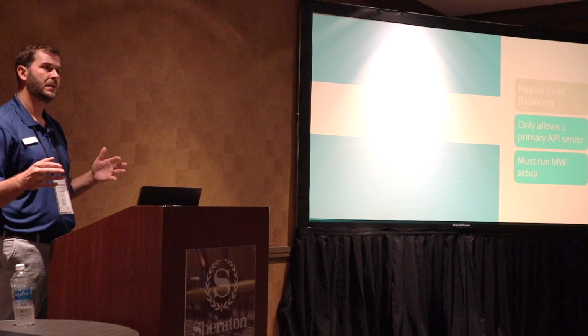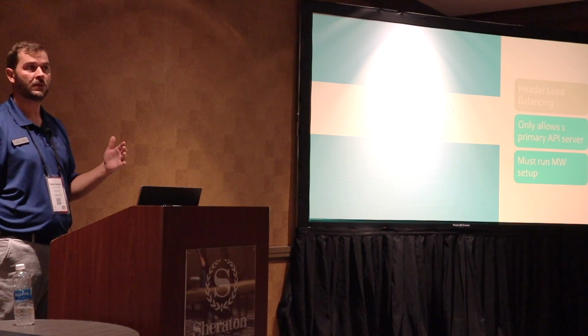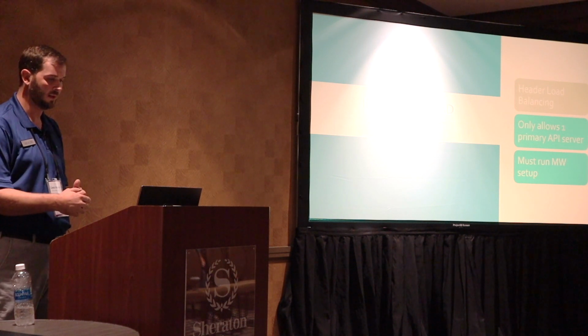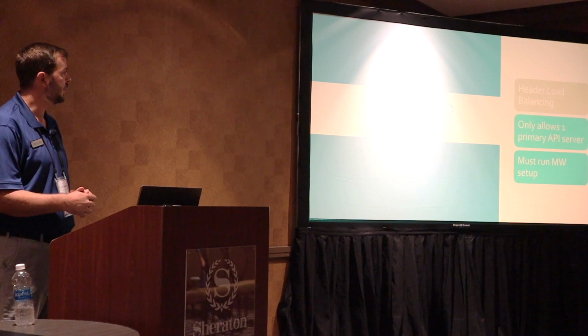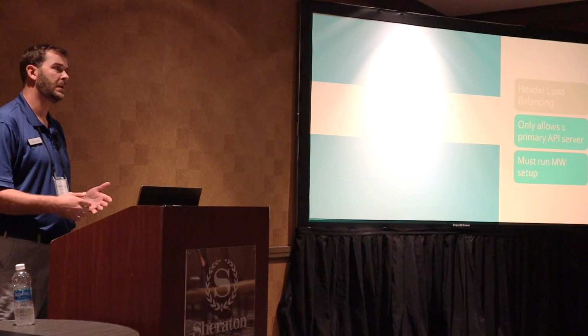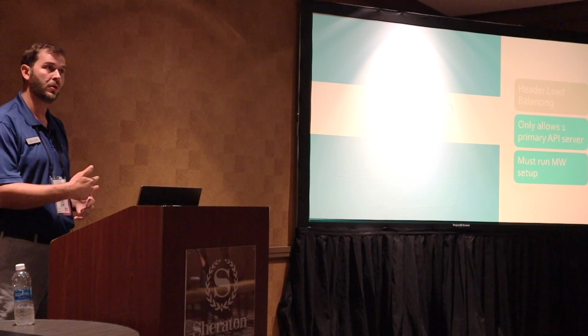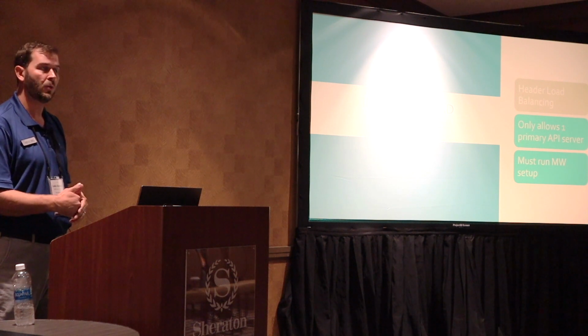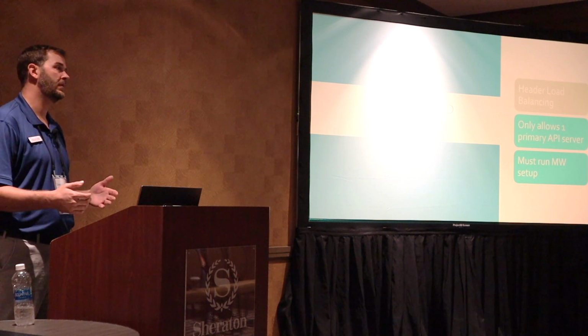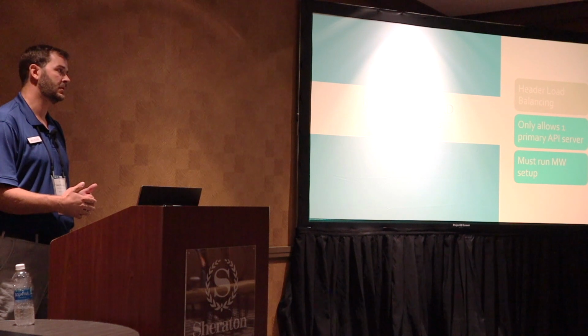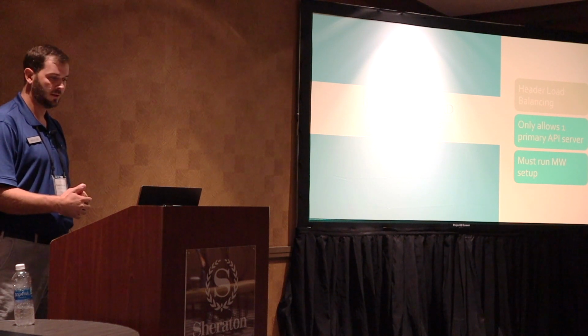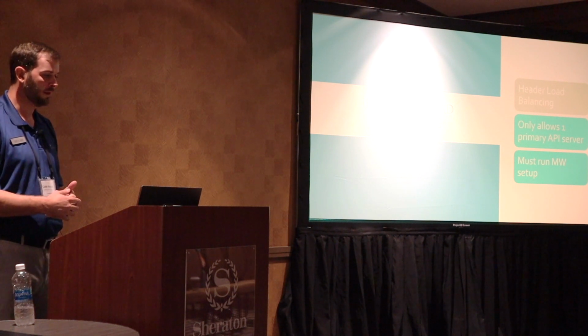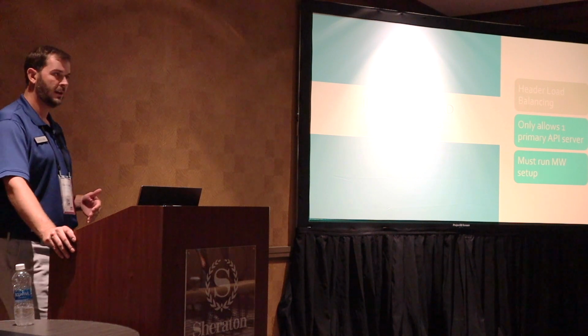So now that you don't have a whole bunch of APIs you can connect to, you have one. And then also you have to run the middleware setup to be able to configure any of the servers to support internal load balancing. So when you do that, if you have any users on there, they're going to be disconnected. So it's not the most effective or efficient method, but it's one out there.